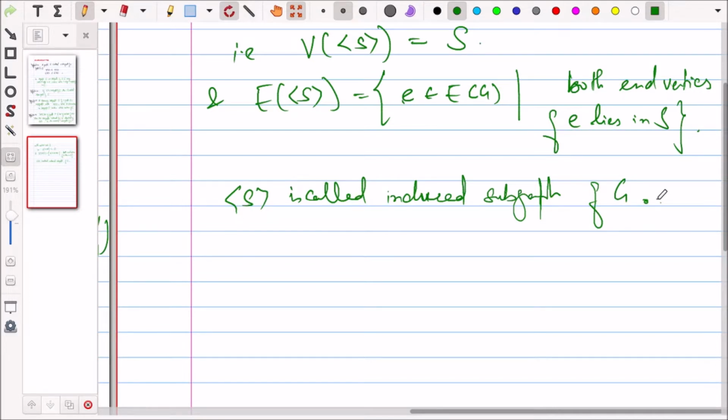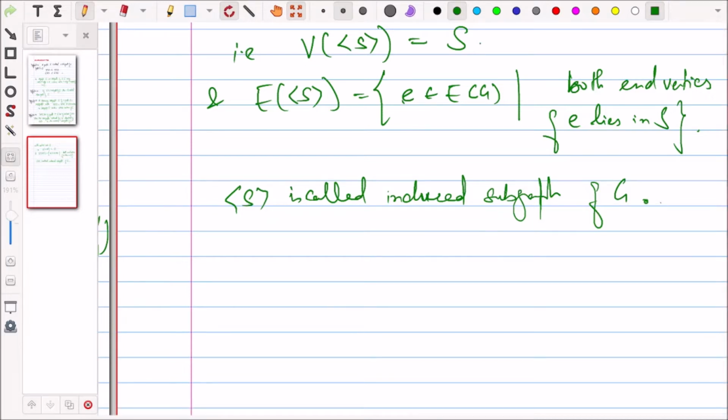Is this definition clear or not? Yes, sir. Okay, fine. So now we have defined it.